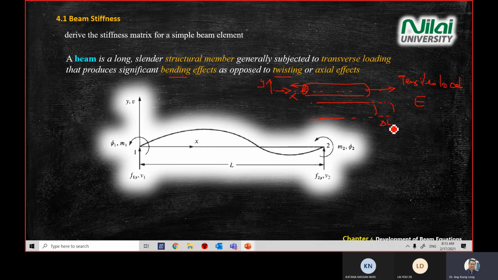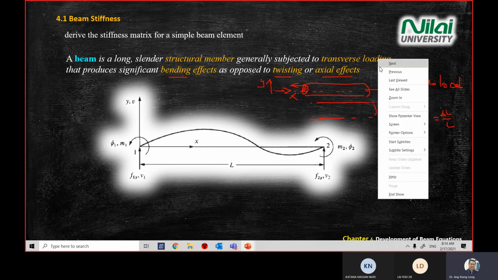That's why you have a delta L that allows you to calculate the strain. Strain is the deformation of your length: you take the change of length divided by total length, then you calculate the strain. So this is the axial effect. Axial means along the axis. What happens along the axis is called axial effect.